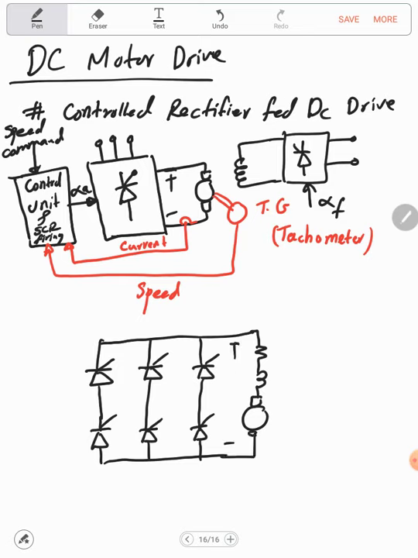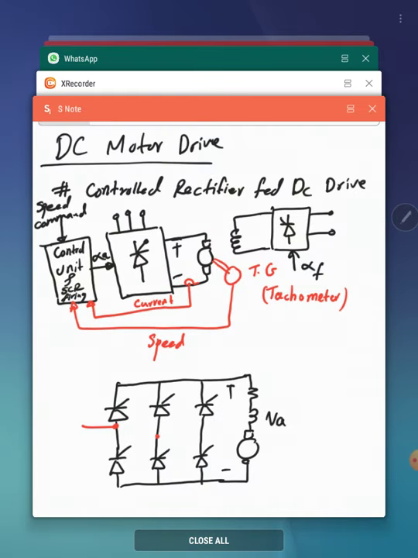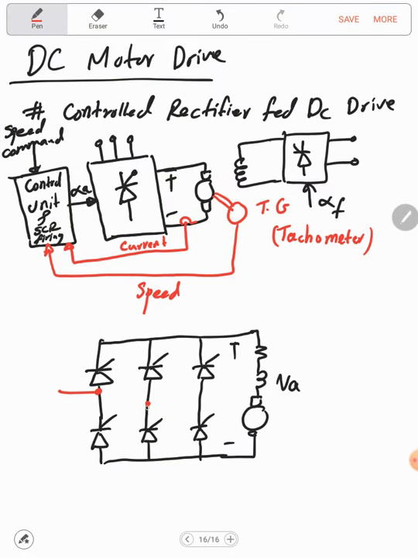This is plus minus VA, which equals VDC, and here we have the three phase. Call it R, S, T, or VA, VB, VC. So this is the three phase.